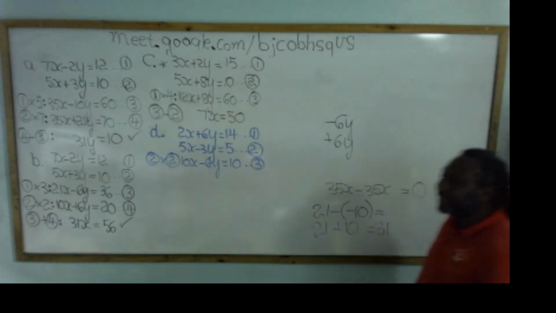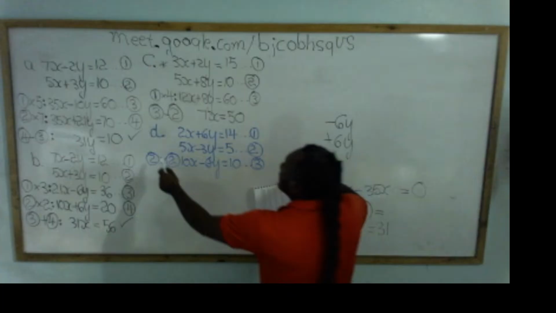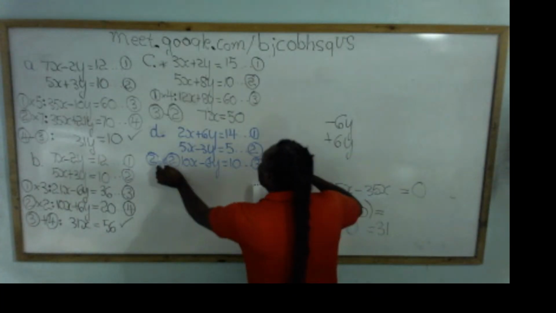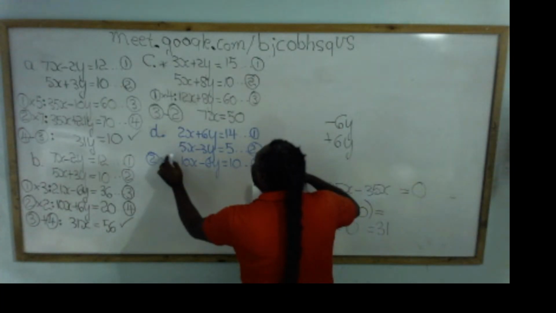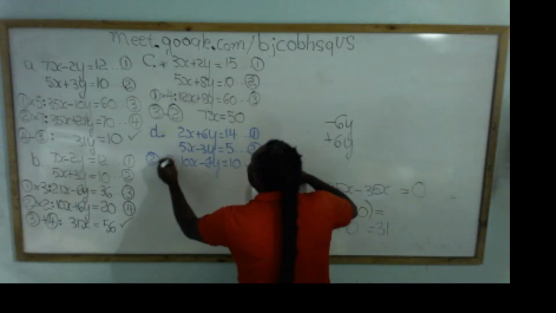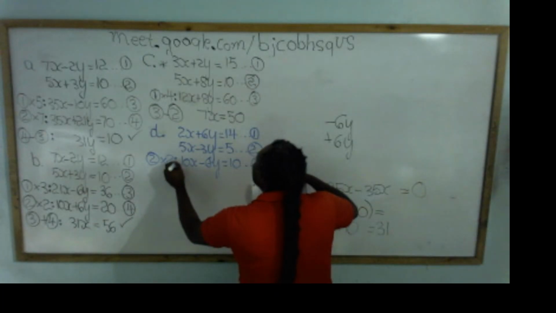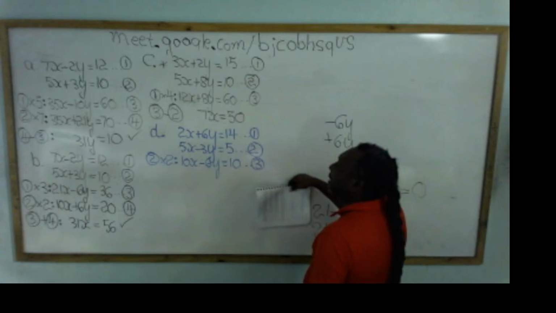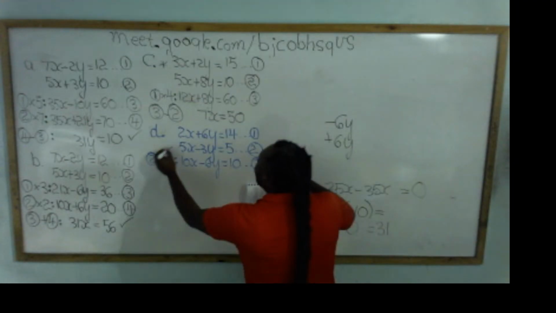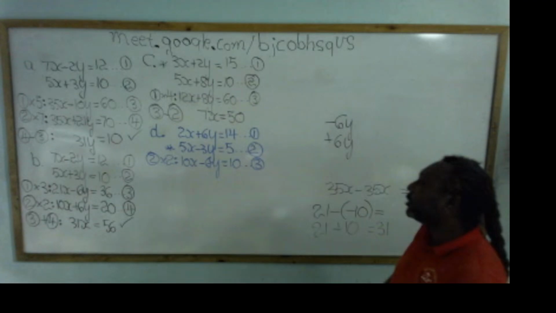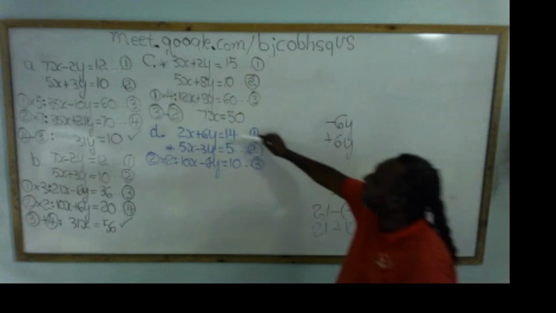Alright, so students, remember now that we took equation 2, and because we used equation 2, it shouldn't be like that, it should be like this. Equation 2 multiplied by 2. And because we used equation 2, it is the one that is out now. So the equations in the system are these two.